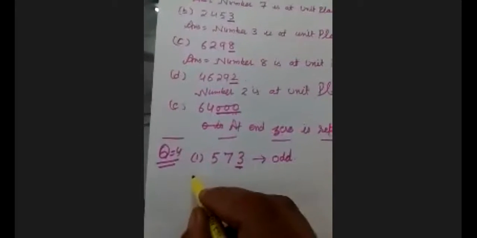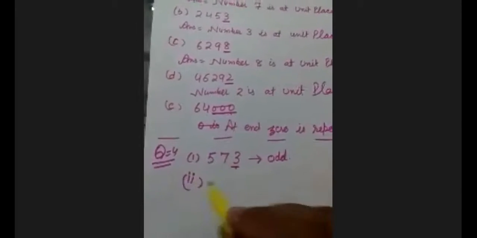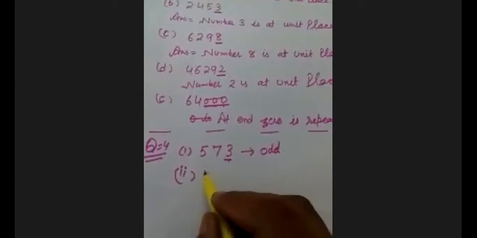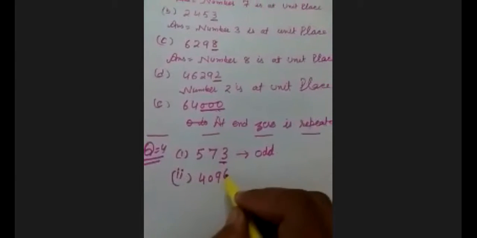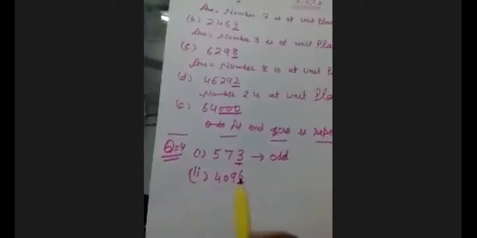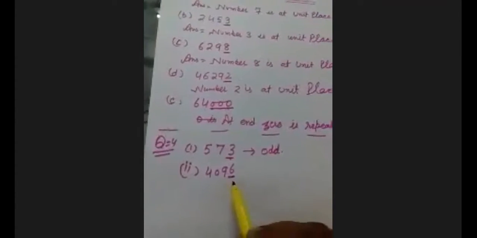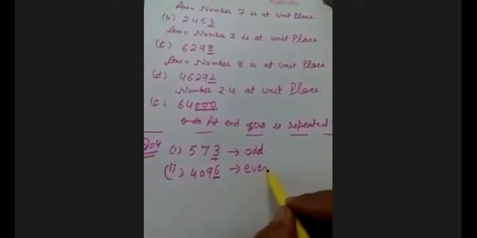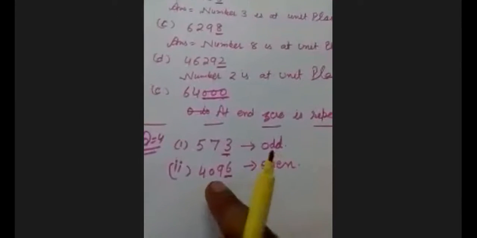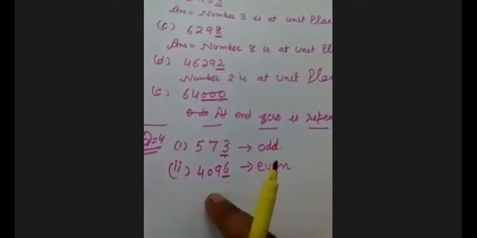Second, 4096. Last digit is 6. It means 4096 is an even number. So it is the square of an even number because this number is even.